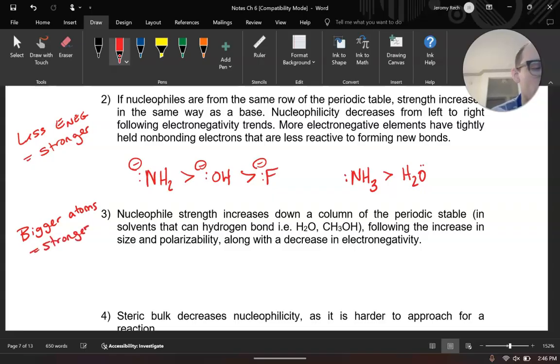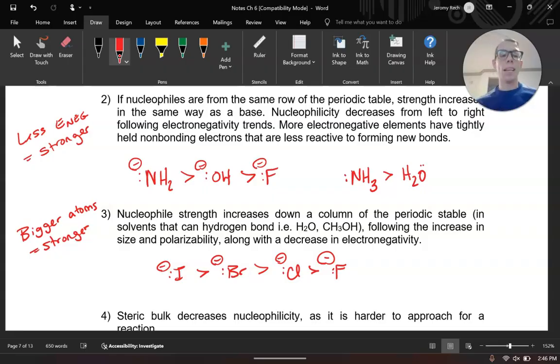If we think about our halogens, iodide is going to be better than bromide, which is better than chloride, which is better than fluoride. And you'll see in both of those, fluorine is the worst. So as we get less electronegative and bigger, you're going to be a better nucleophile.